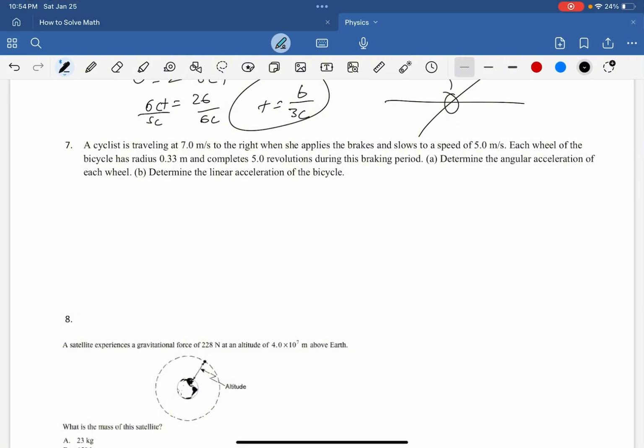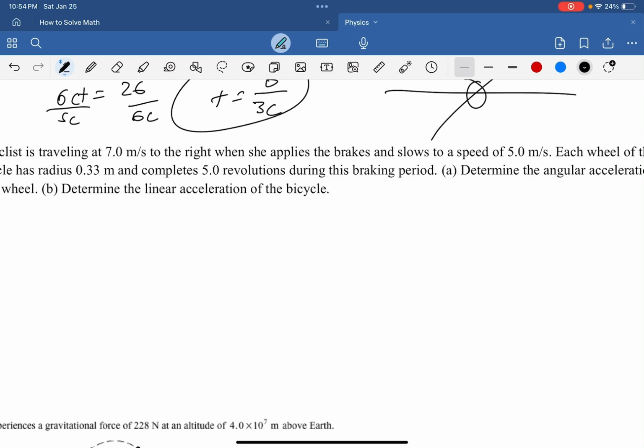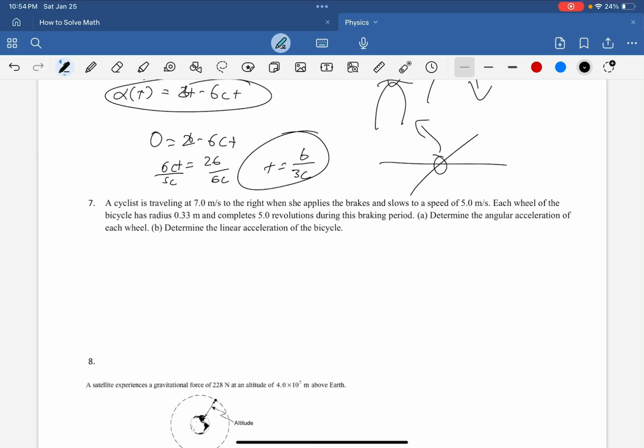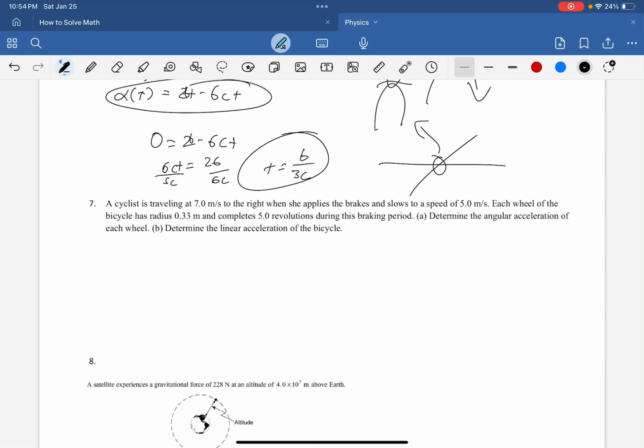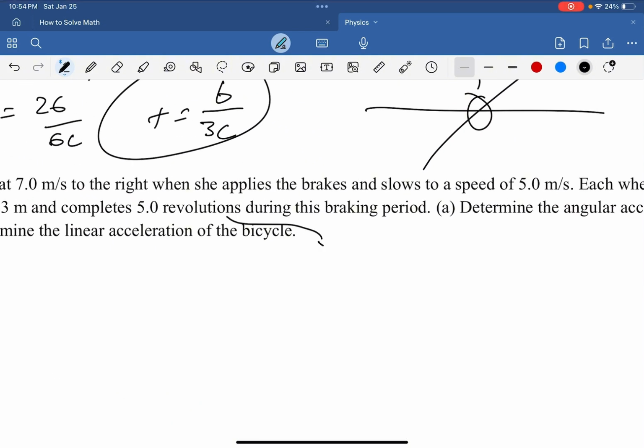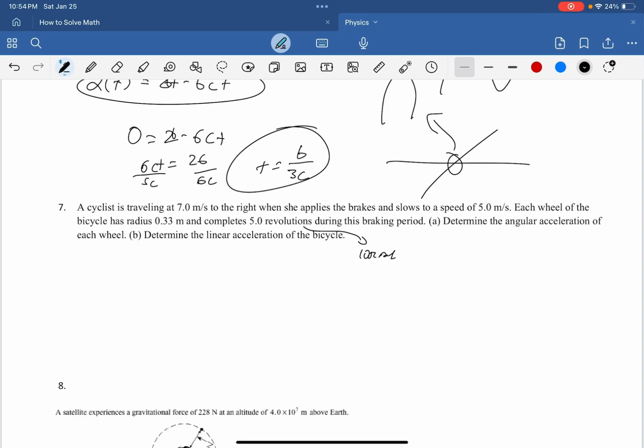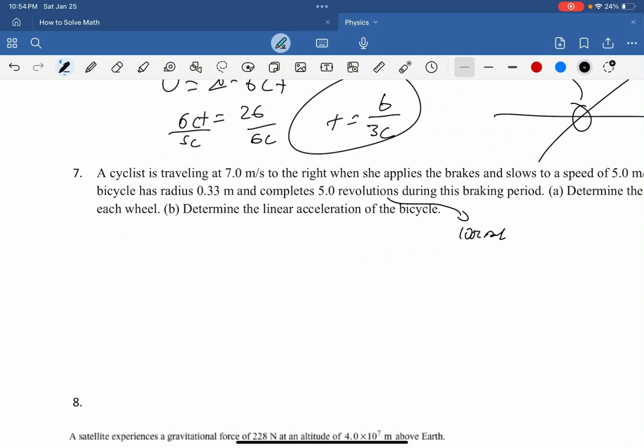Okay, let's change this to radians. 10 pi radians. Okay, let's see. We are given VI and VF.